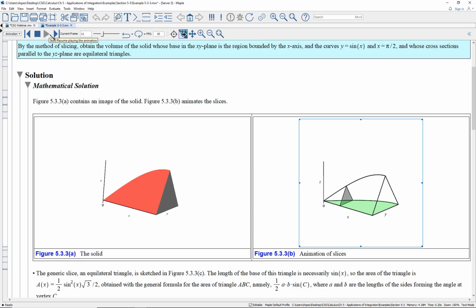Okay, so we need to find the area of one of these equilateral triangles. We thicken it with a dx, a little bit of a dx over here, and then we sum that.